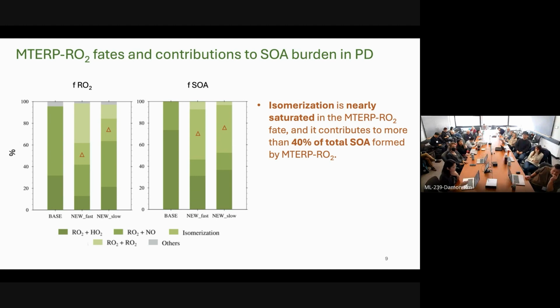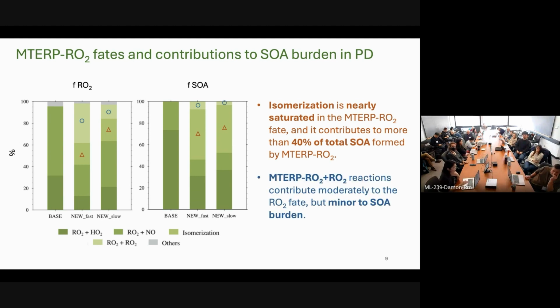And for the RO2 chemistry, depending on how fast we pick the reaction rate coefficients, it contributes about 15 to 40% to the RO2 fate, but its contribution to the SOA burden is quite minor, shown by the blue circles here.